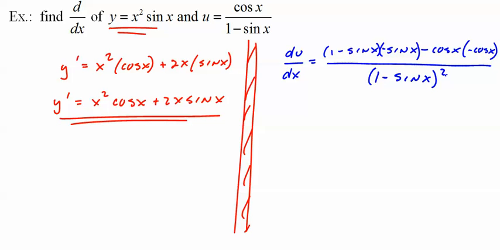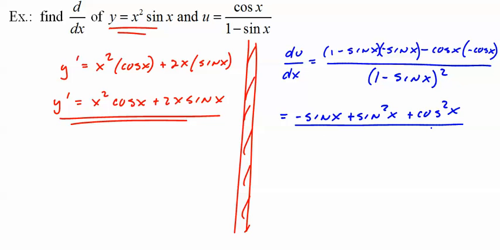Do some math. Negative sine of x plus sine squared x plus cosine squared x. 1 minus sine of x squared equals 1 minus sine of x.